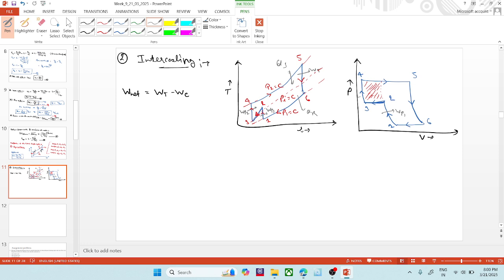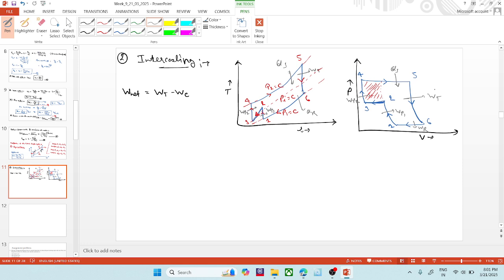Similarly here, WP1, this is WP2, this is QS. This is WT, and this is QR, heat rejected.